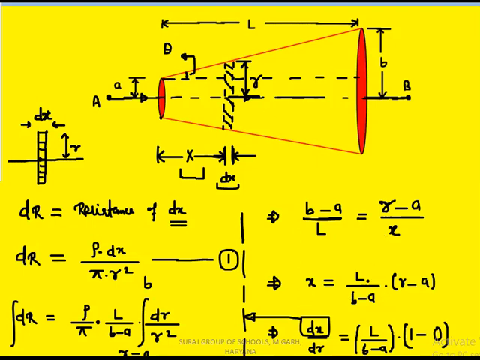So x can be written as L upon b minus a times r minus a. Differentiating with respect to r, we get dx equals L upon b minus a times dr. Putting the value of dx, the equation becomes rho by pi times L by b minus a into dr by r square.